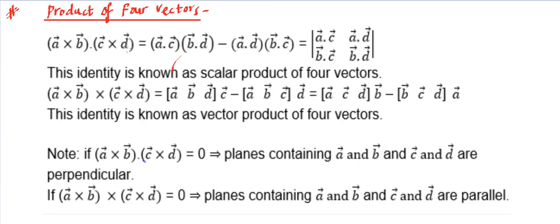Now after learning the product of three vectors, we can move towards the product of four vectors. Let me tell you one point before we proceed. This four vector product is rarely used, and we will be using it in case of some JEE Advanced level problems.